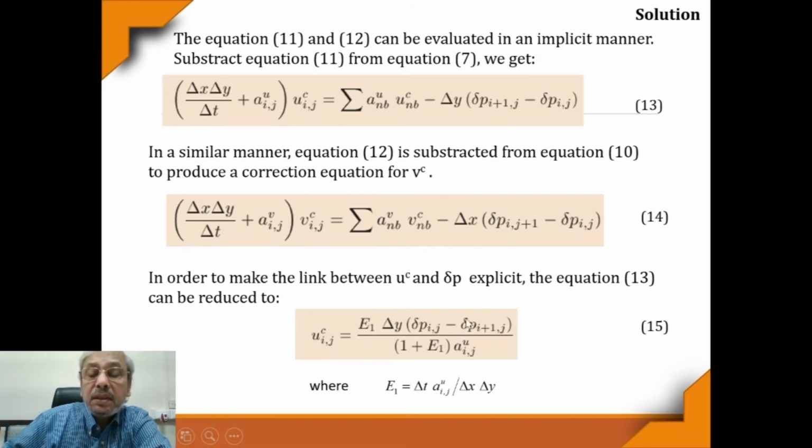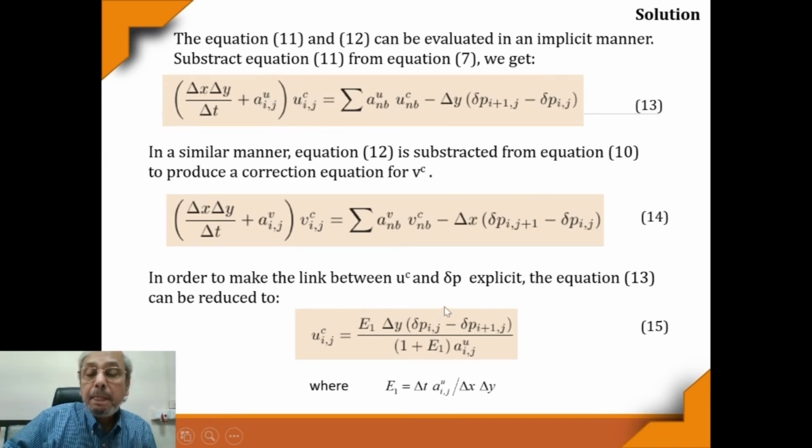And we do some little algebraic rearrangement, and we get this expression: E1 into delta y, delta p ij minus delta p i+1j, divided by 1 plus E1 aiju, that is the coefficient of the uij correction.